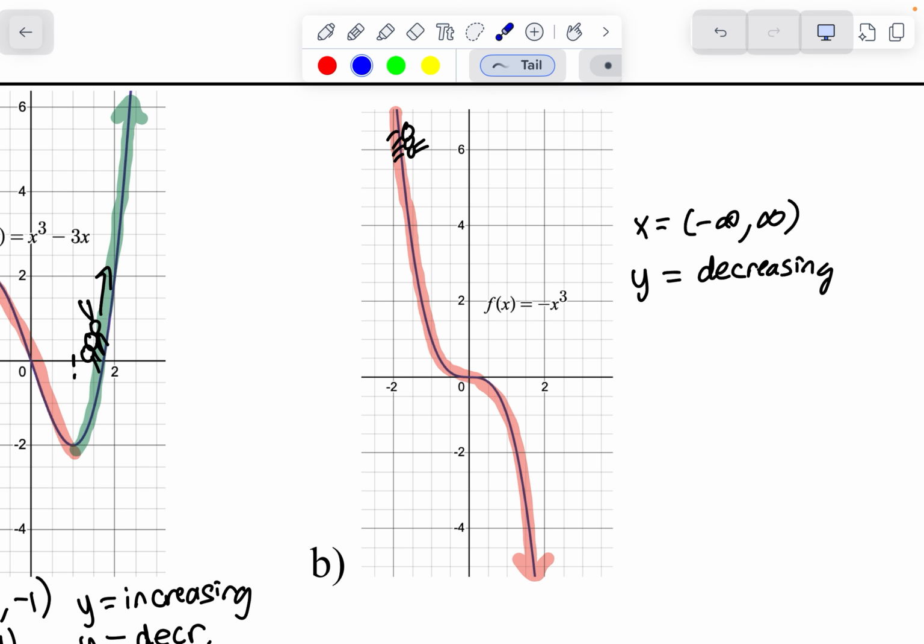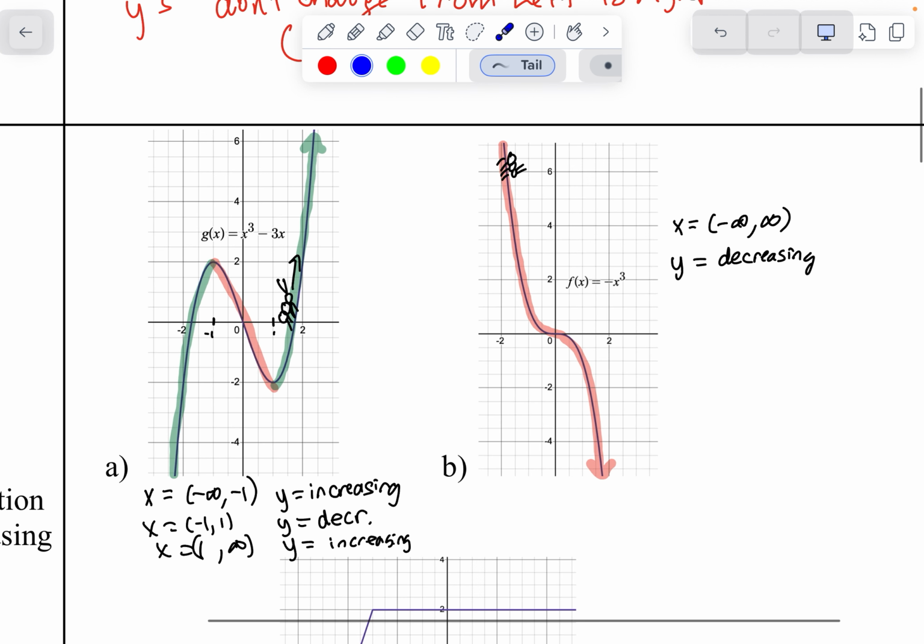So don't overthink these, but it's looking at graphs in a very different way, to prepare you if you do take those college algebra courses, if you do take a calculus course. We're really looking at the behavior of the graph. How is your height changing as you walk from left to right?